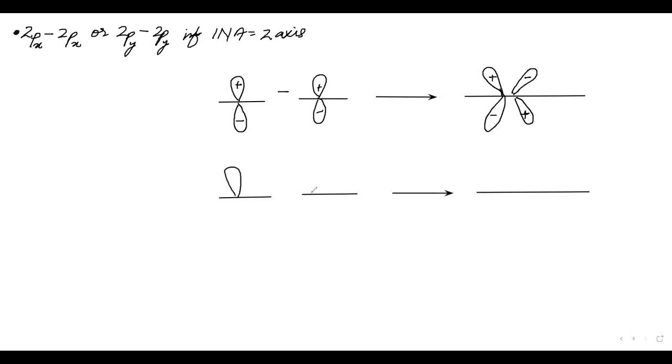Now I just have to make the loops, add them. Negative, positive, negative, what will happen? Constructive phase. So we will get something like this. This is our nucleus. Let me just make it a bit more appealing to you.